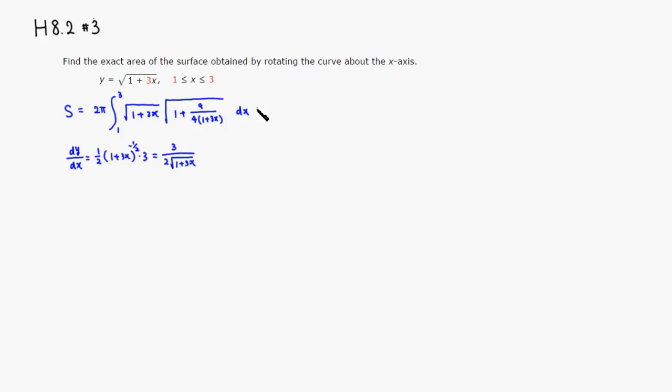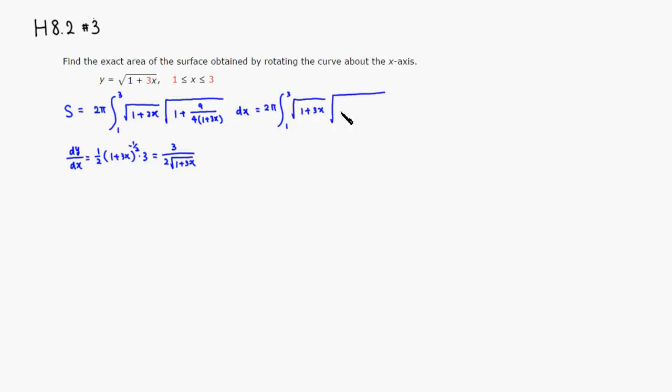This is going to be 2 pi integral from 1 to 3. I'm going to leave this guy as it is for now, and here, with the 1 plus 3x, I'm going to take the common denominator.